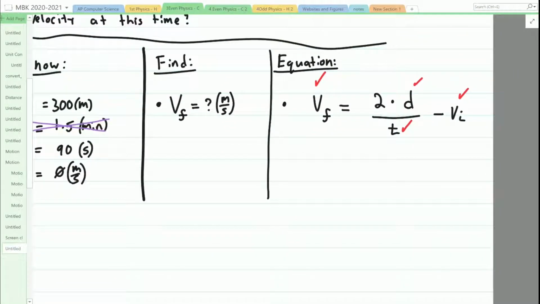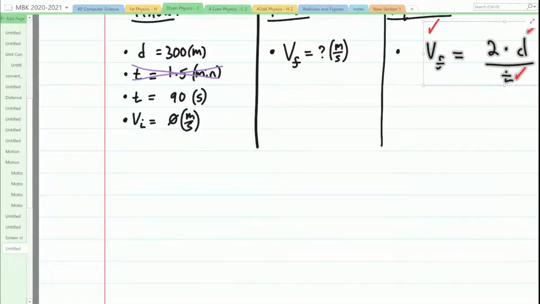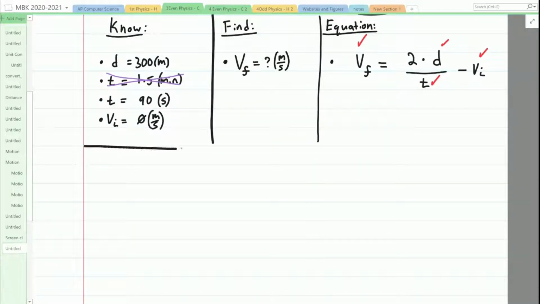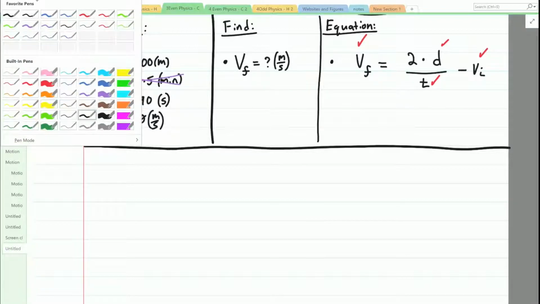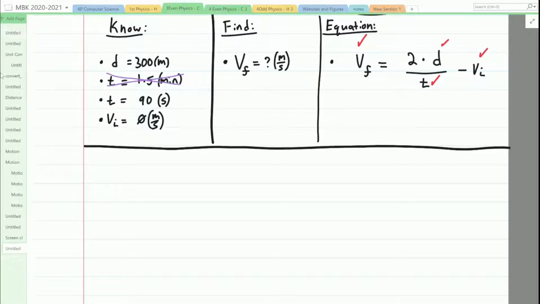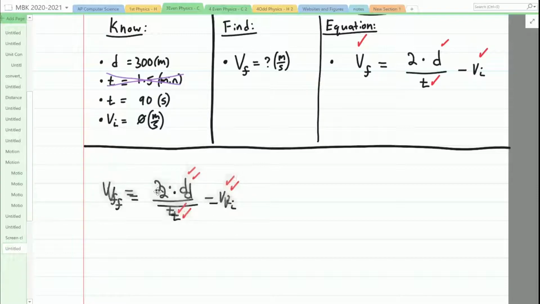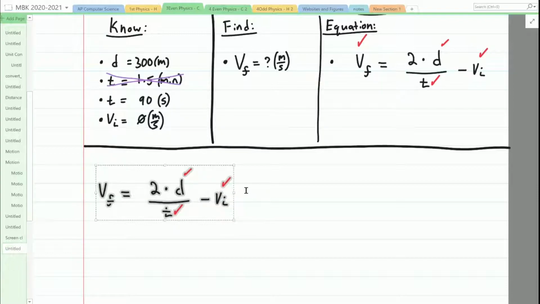To make sure I do everything correctly, I'm going to copy down my equation over here. I've mentioned before that this may seem tedious, but I promise you, if you follow these procedures, it will save you a lot of frustration and heartache when you realize that you forgot a square or made something positive when it should have been negative.